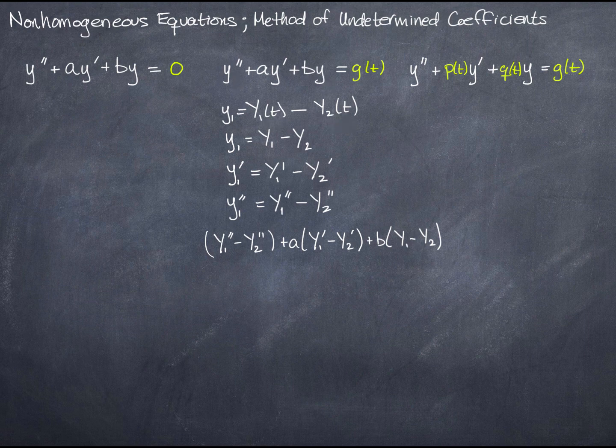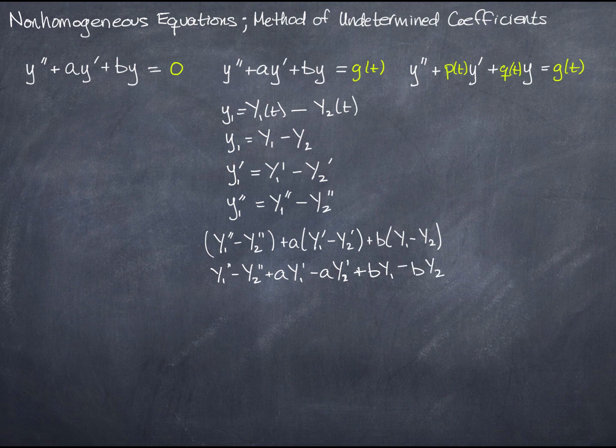So a little distribution gets me Y1 double prime minus Y2 double prime plus a Y1 prime minus a Y2 prime plus b Y1 minus b Y2.